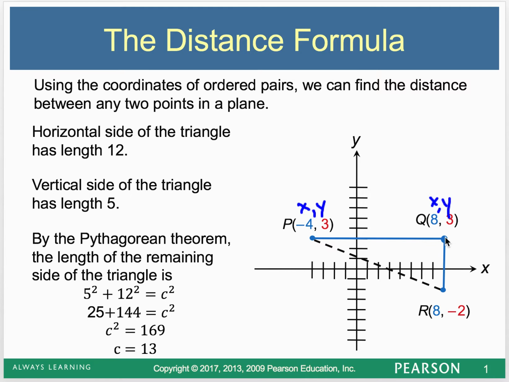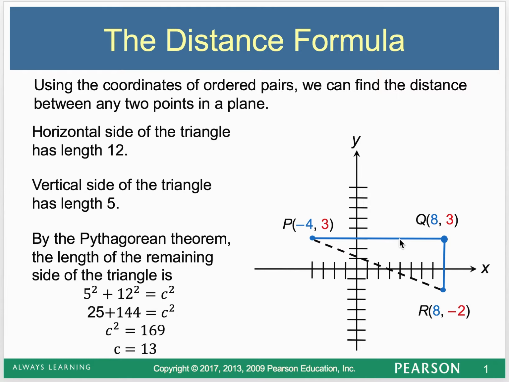The x-coordinate for that point is 8. And so if I just take the difference between those, right, 8 minus -4, that's 12. Same thing here. My y-coordinate is 3. My y-coordinate is -2. 3 minus -2 is 5.